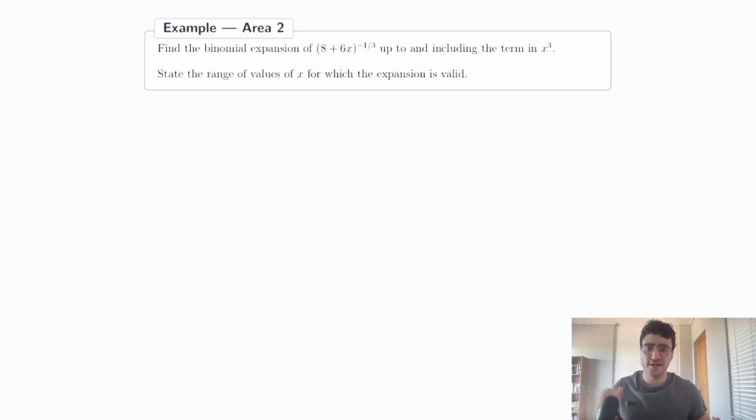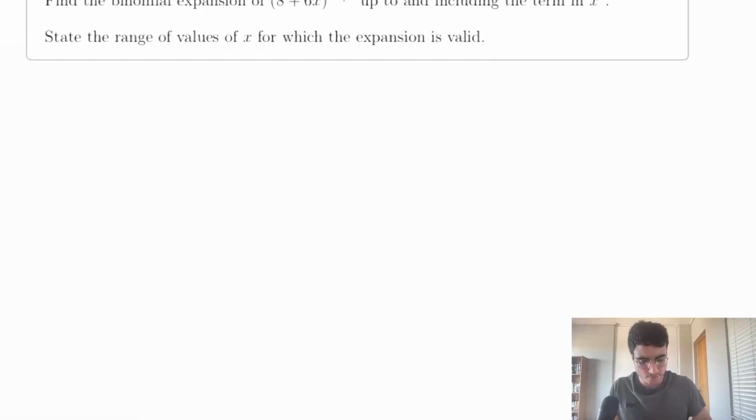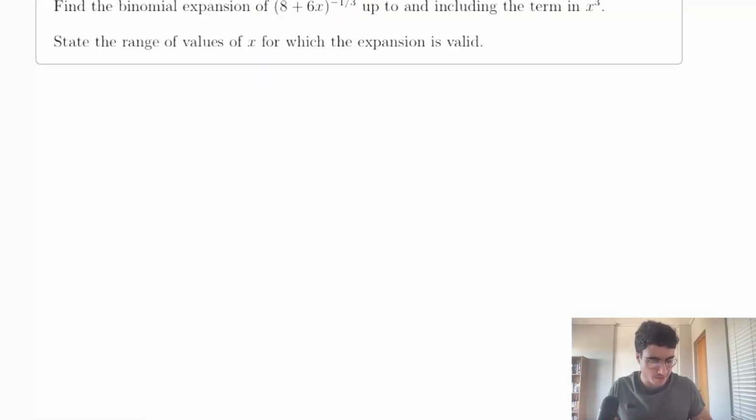Alright guys, so here we have an example of a compound binomial expansion. Whereas before we might have had something like 1 plus x to the power negative 1, in this instance we've got an 8 here, and you simply cannot expand with that 8 there. So what do we do in these situations?